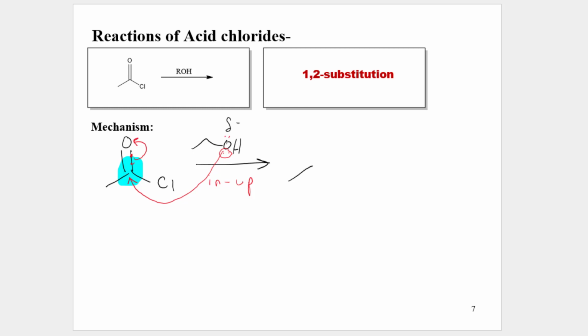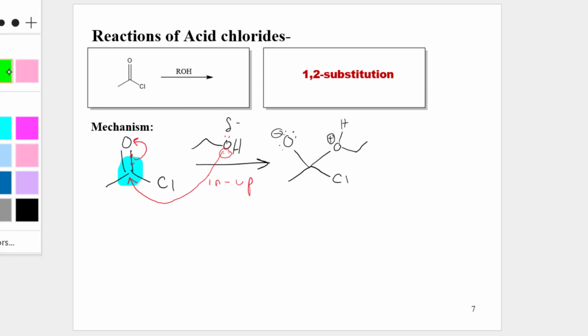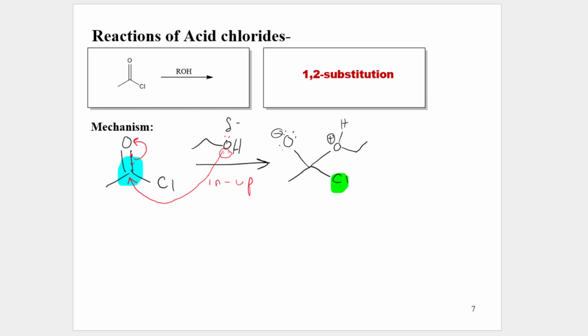So let's draw the intermediate. Again, this could happen from the front or back side, but it doesn't matter because the electrons end up coming back down. Why? Because we have a good leaving group, chlorine. So the electrons won't stay here.